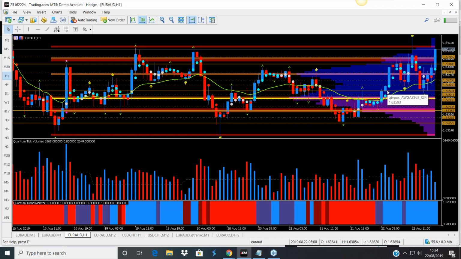This was the hourly chart. The move started from here, at the tail end of the Asia session, with the move away from the volume point of control here. And this is where I said this is price support and resistance based on volume, price, and time.